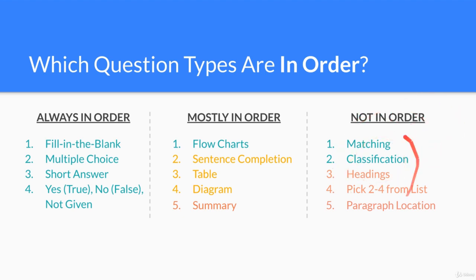So questions that are like this, that are not in order, include questions like matching, classification, headings, a question in which you'll have to pick 2 or 4 items from a list, and paragraph location questions. Now, I know that you probably don't know what some of these question types are, and that's totally fine. We're going to be looking at each one of these question types in much more detail very soon.